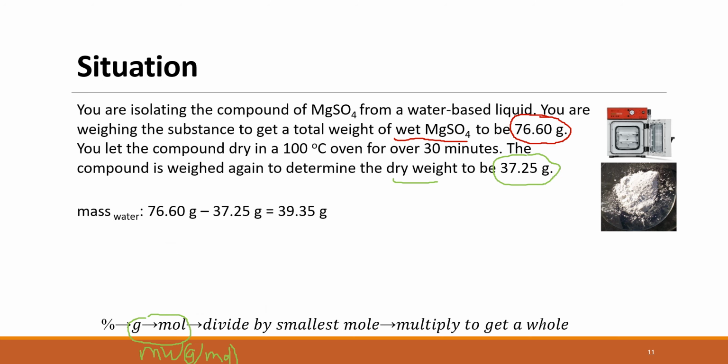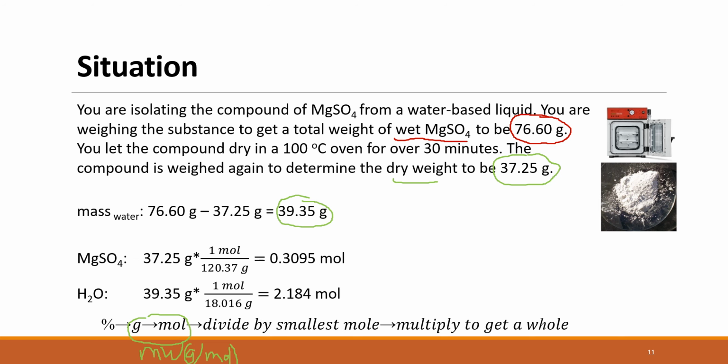So first step was subtracting those two masses so that we could figure out the mass of water by itself. So 39.35 should be the mass you got for water. Next, we convert both to moles. This is that grams to moles step right here.